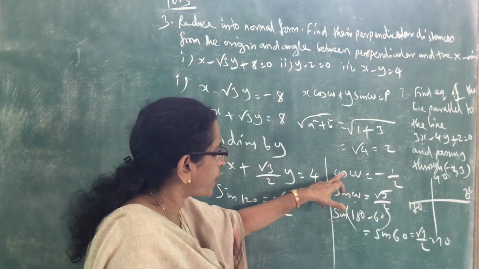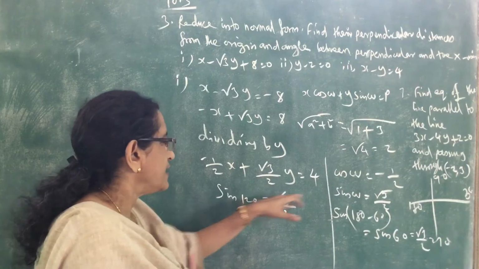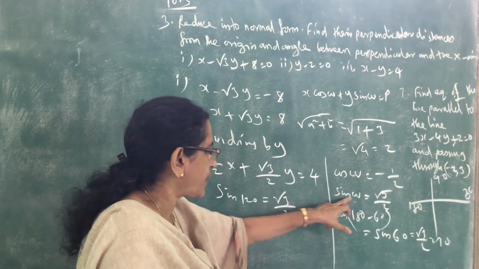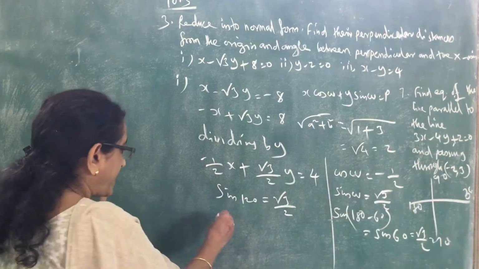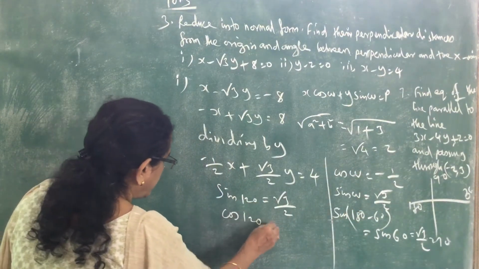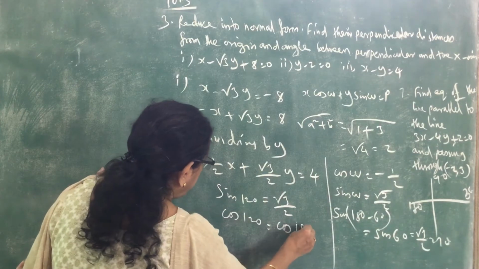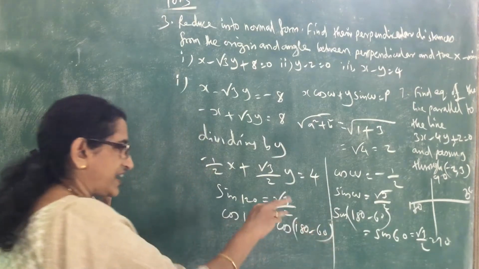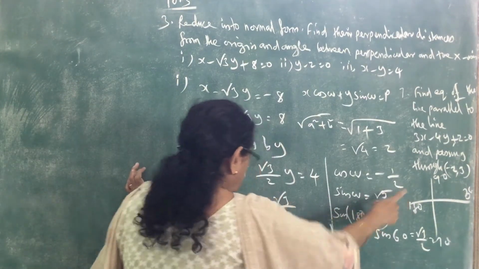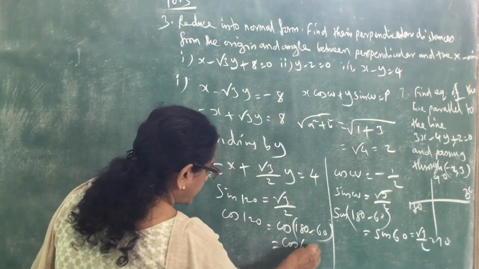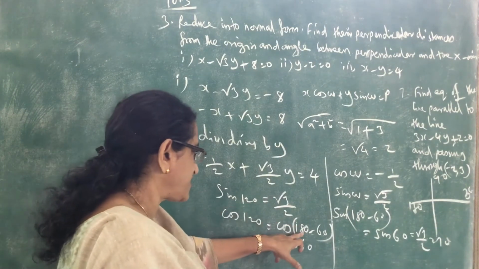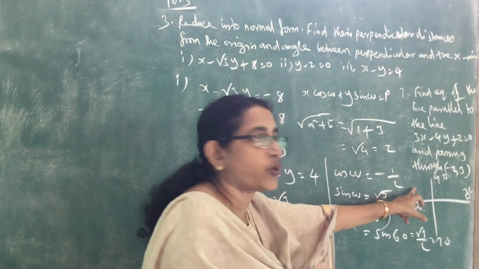Now we will find cos 120 degrees, since the angle omega is the same for both. Sin 120 is root 3 by 2, so this condition is satisfied. What is cos 120? Cos 120 equals cos of 180 minus 60. In 180 minus, cos has no change, cos 60 itself, but in the second quadrant cos is negative.